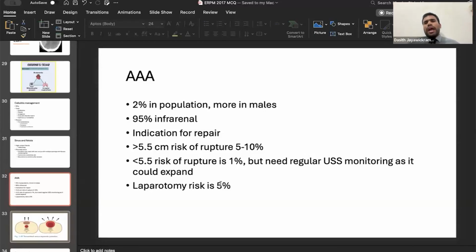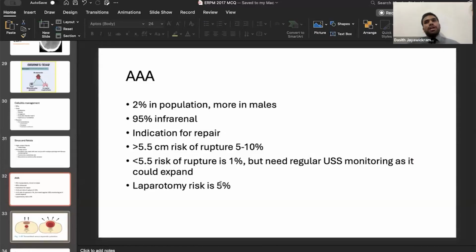Leaking aortic aneurysm is a differential diagnosis for ureteric colic, especially in elderly people. So you should remember that. And always examine the abdomen to look for pulsatile masses in adult individuals claiming ureteric colic type of pain.